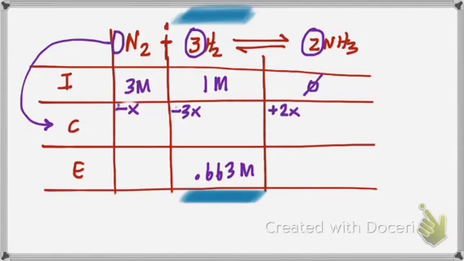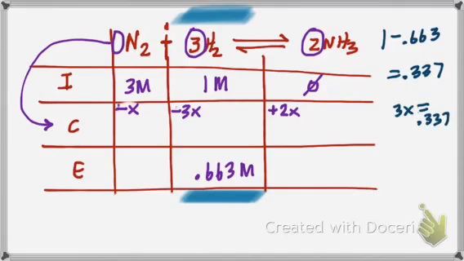So the first thing I'm going to do is subtract 1 minus 0.663, and when I do that, I'm going to get 0.337. So my change, my 3x, is equal to 0.337. But I don't want to know what 3x is, I want to know what x is. So I'm going to divide each side by 3, and that gives me an x value of 0.112. And that's my x, and that's worth remembering.